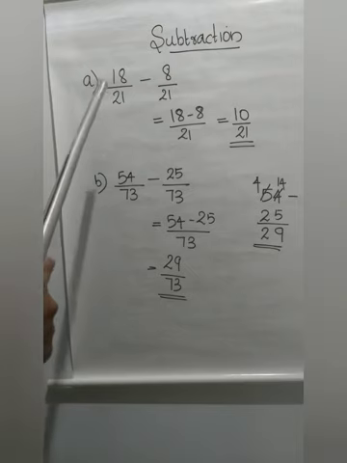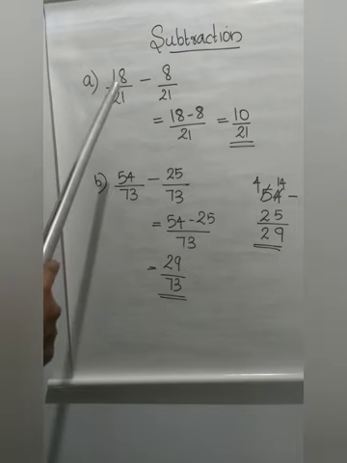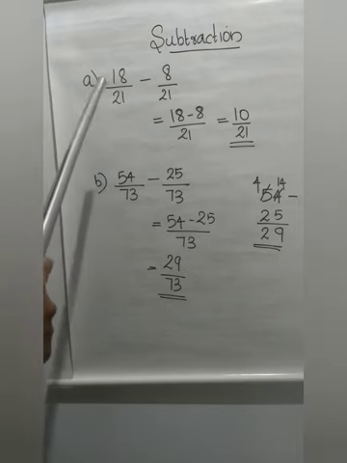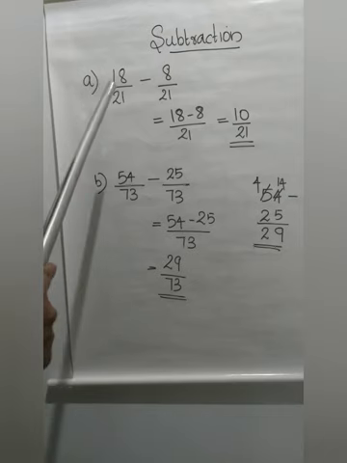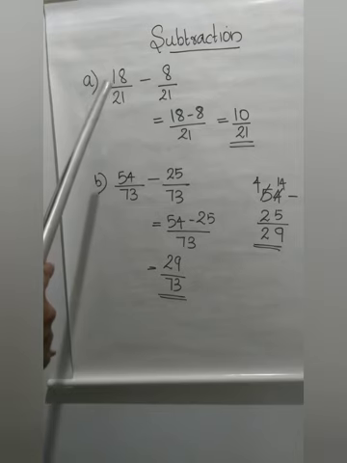That means the denominator remains the same. So, in case of addition and subtraction, we make a change only for the numerator. Don't make any change in the denominators. We write the common denominator as such.